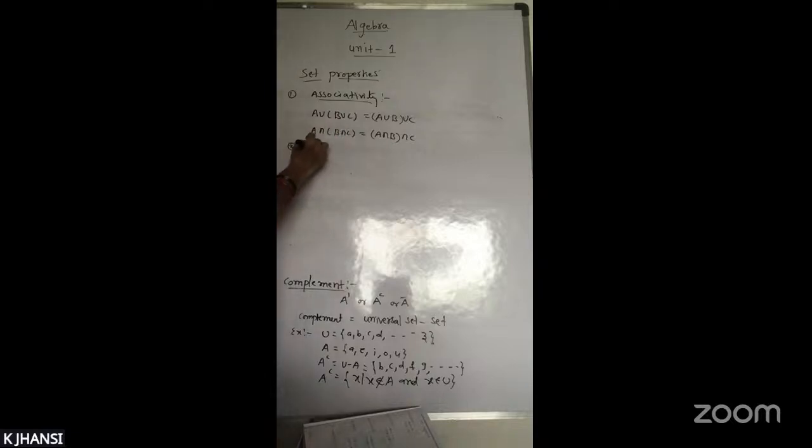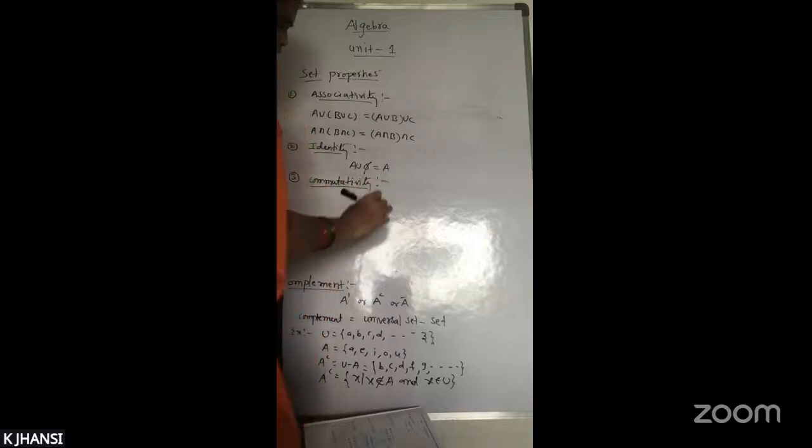Next we have the identity property. The identity property is A union phi is equal to A. That is, A union the empty set will give the set A only. And A intersection U is equal to A. Next we have commutativity.